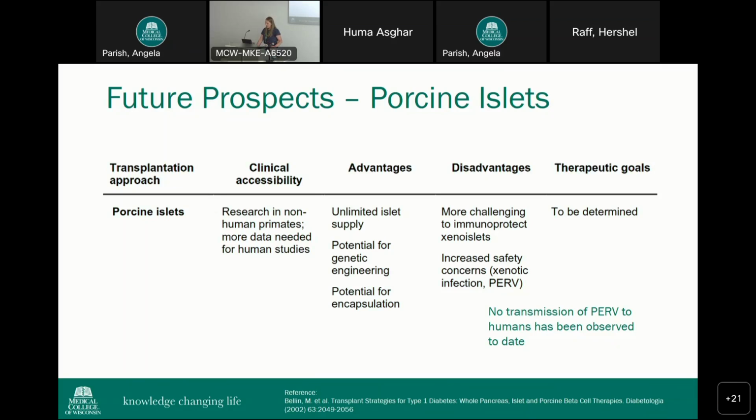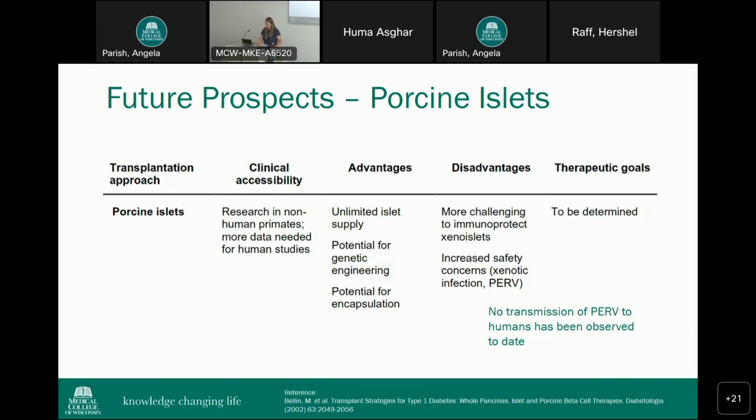And then there's really an unlimited supply of these cells. And different from stem cells, there seems to be no ethical debate about using them. One thing that's been a theoretical challenge to porcine cells is this concern for PERV, which has not been occurring in humans yet, but has occurred in some rodent models.